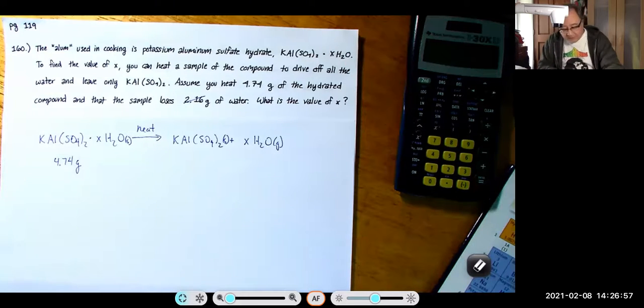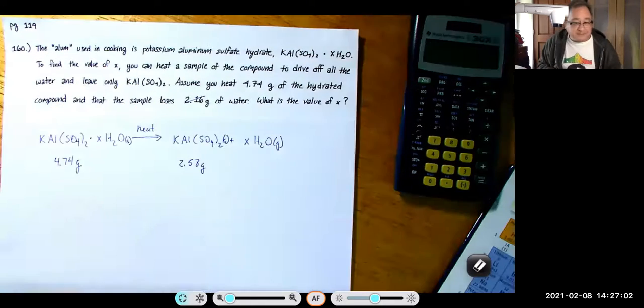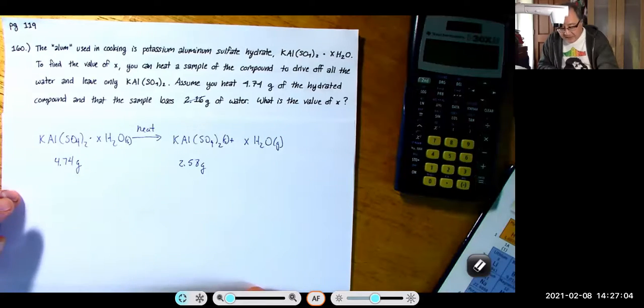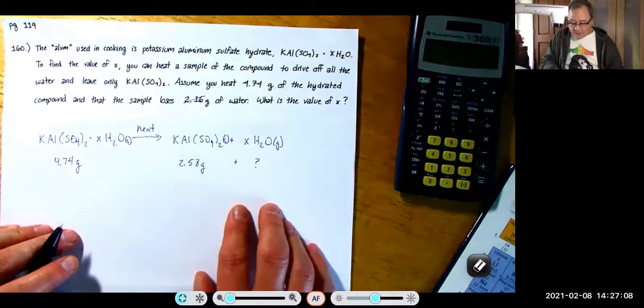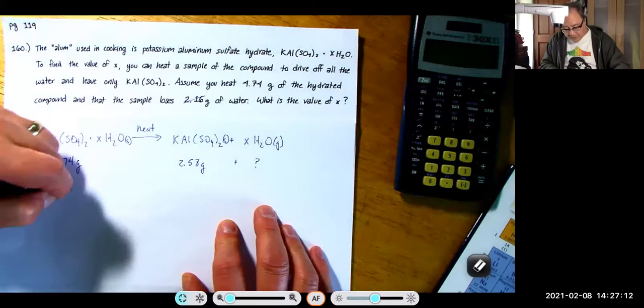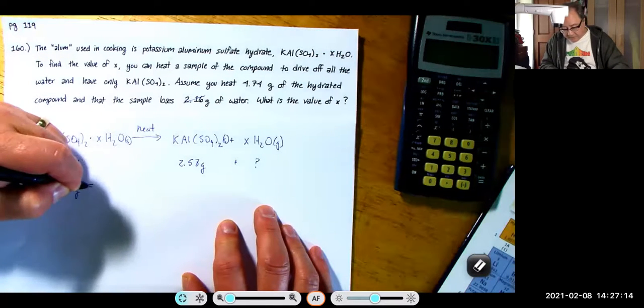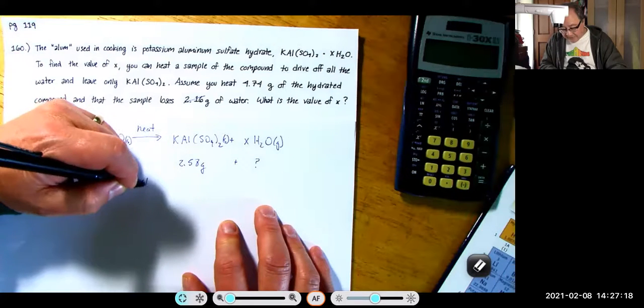So normally you'd be given this information, you have 2.58 grams left, okay? And here you would have to figure out how much H2O. So how do we figure that out? Well, 4.74 grams should equal 2.58 grams plus X grams of H2O.